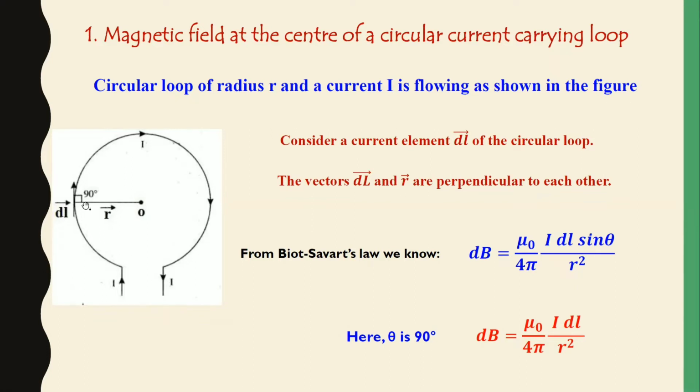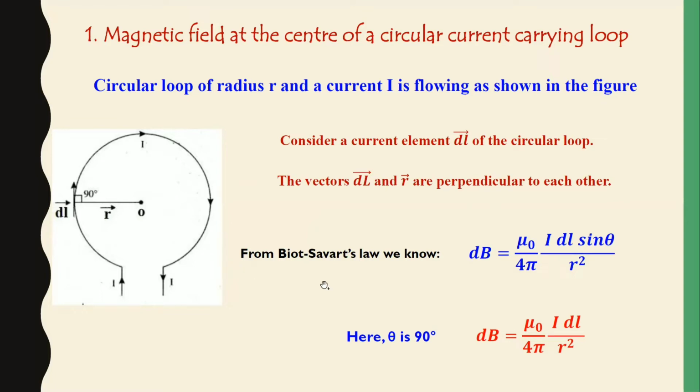The radius of the loop is R, and this is the center O. Due to this current element dl, we are going to obtain the magnetic field at this center O. As dl is the small current element and R is the radius, we can easily conclude that dl and R are perpendicular to each other.